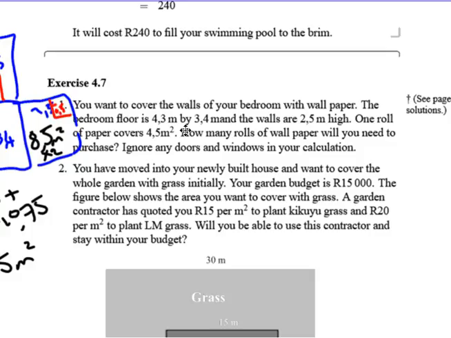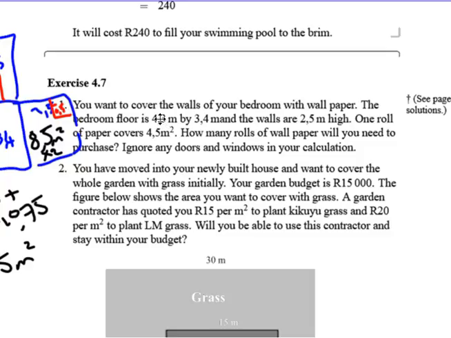And the other 2 walls had no doors and they had no windows. What I would have to do is work out the area of the door, 1 times 1.5, which is 1.5. And I'd have to work out the area of the window, 1 times 0.5, which is 0.5. Add those 2 together, which would give me an area. That red area in total would be 2 meters squared.